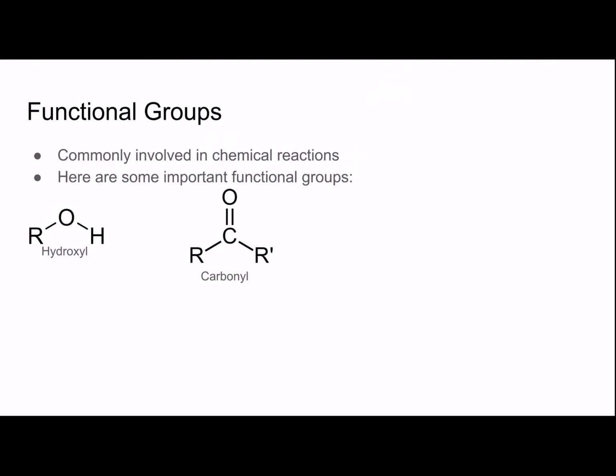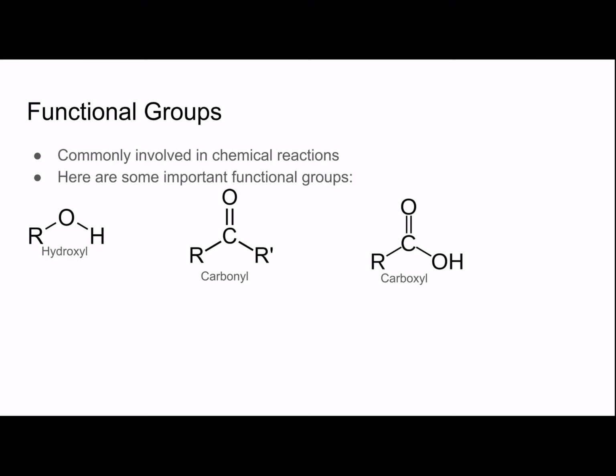And then we have carbonyl, which is the C double bond to the O. And again, the two R's just stand for variable groups that will always differ. Carboxyl group is the C double bond O and then the OH, which again, we should remember is the hydroxyl group, but that's connected to the C and the double bond O.